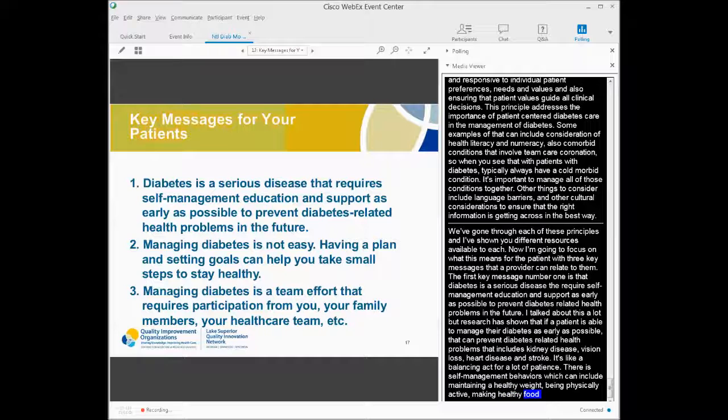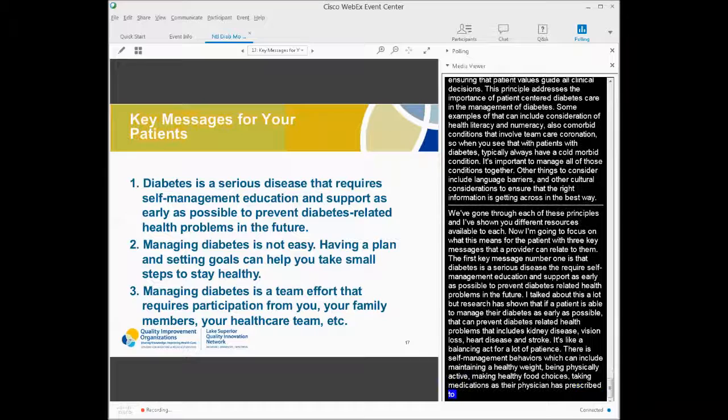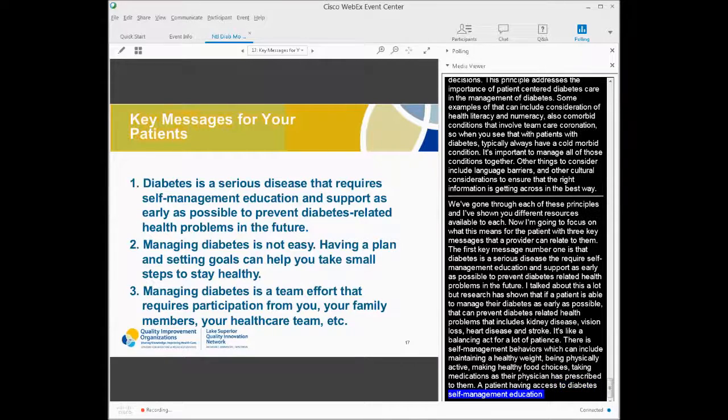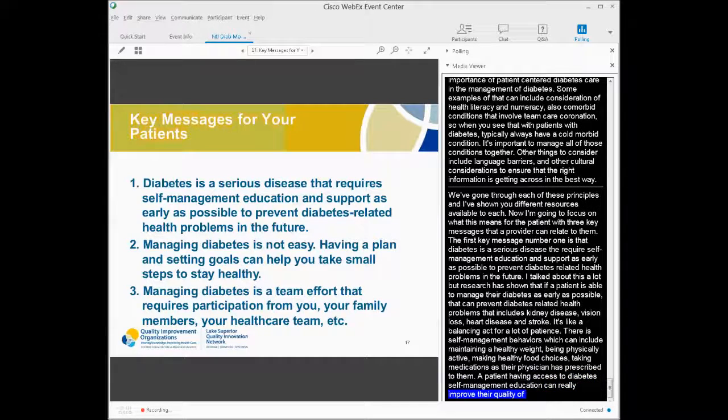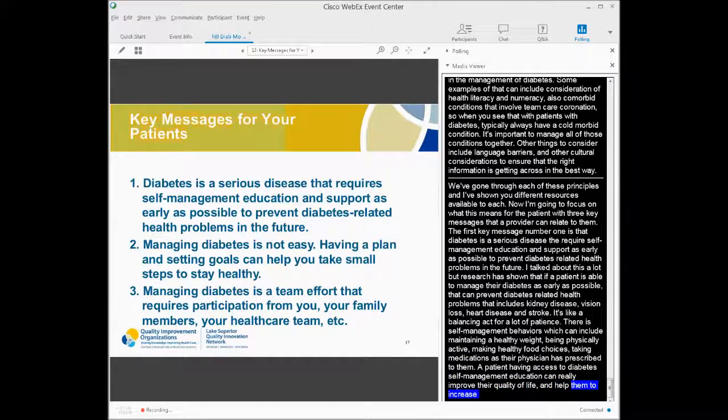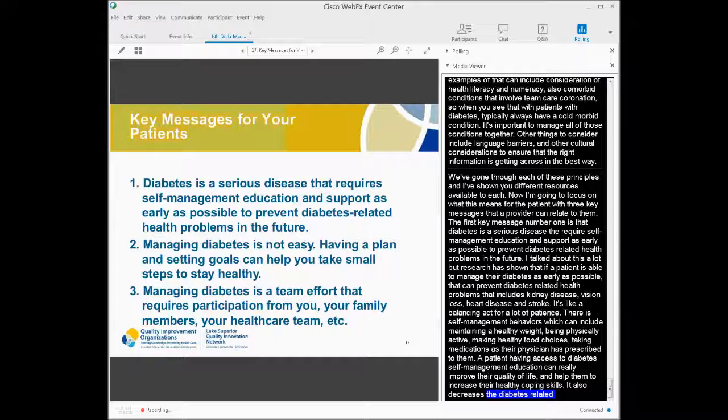So a patient having access to diabetes self-management education can really improve their quality of life, help them to increase their healthy coping skills, and also decrease the diabetes-related distress. Because with the day-to-day management of diabetes, that can definitely add a lot of stress in a patient's life. So it's definitely really helpful for patients to receive diabetes self-management education and support.